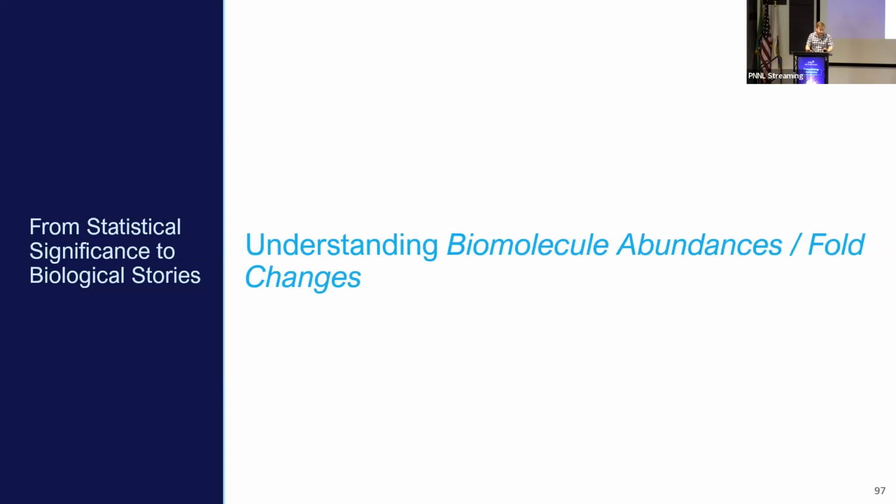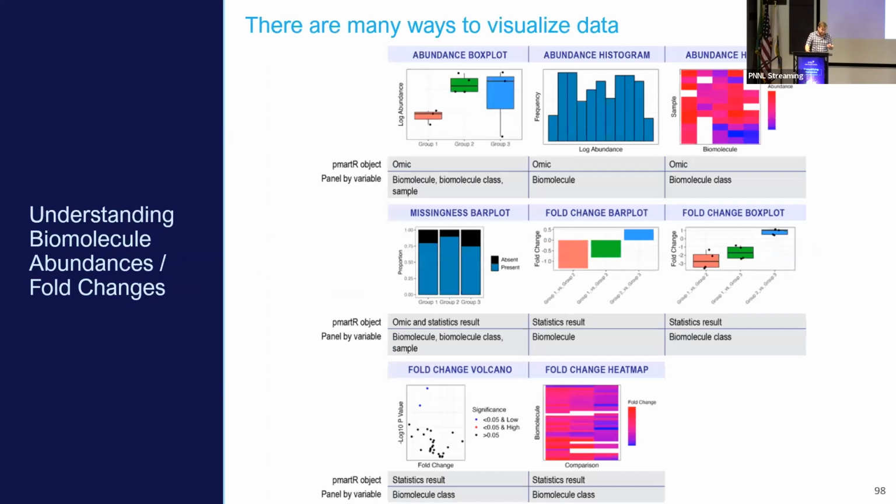So let's say I'm just interested in understanding more about my biomolecule abundances and my fold change. Back to when I was mentioning, we've got large matrix data is how I think about it, right? We've got lots of different plots to look at or panels. And that's where you can use things like Trelloscope.